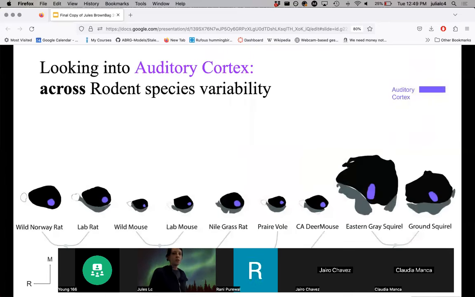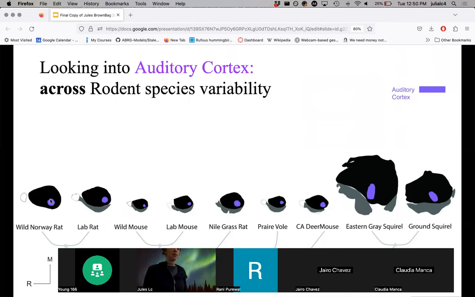There are a number of statistical measures that we're hoping to do about these regions and correlate with niche information. For example, we can look at the auditory cortex in rodents. Here you're seeing just the cortex in black and the auditory region in purple. We can look at how much variability versus homology, which is conservedness, there is across these species.